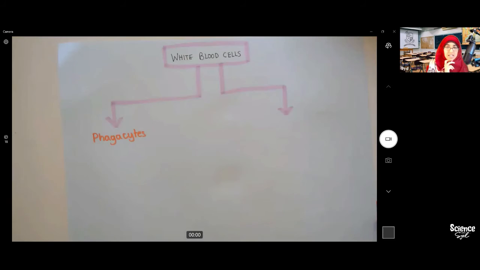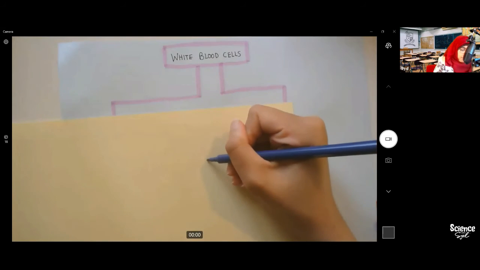Let's cut out what it looks like first of all. So I'm going to grab a piece of this colored paper, and I'm going to draw what this looks like. This is really fascinating. It's going to look like we're drawing monsters, and we can put eyes on them if you like.